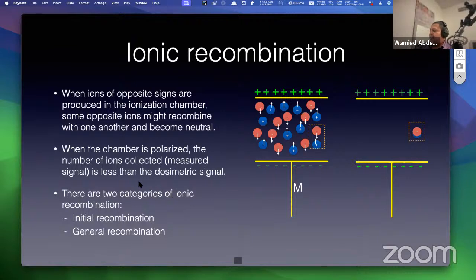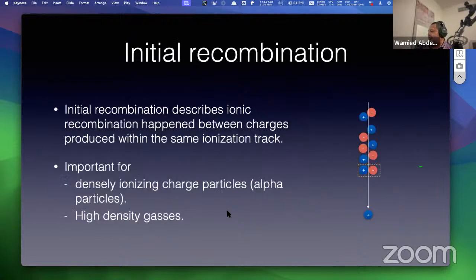There are two types of ionic recombination. One is called initial recombination, and one is called general recombination. Initial recombination describes when ions from the same track recombine.